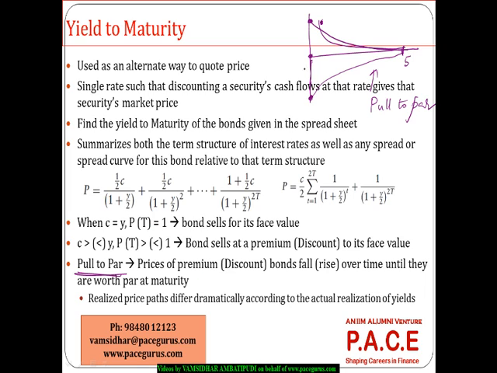But this is under the assumption that whatever are the spot rates and the forward rates that we have identified, they are going to be realized. When I say the 6-month forward 1 year from now is going to be some 2%.